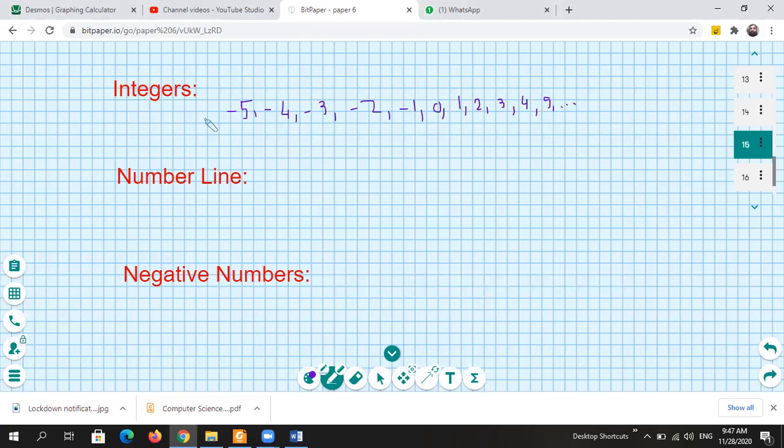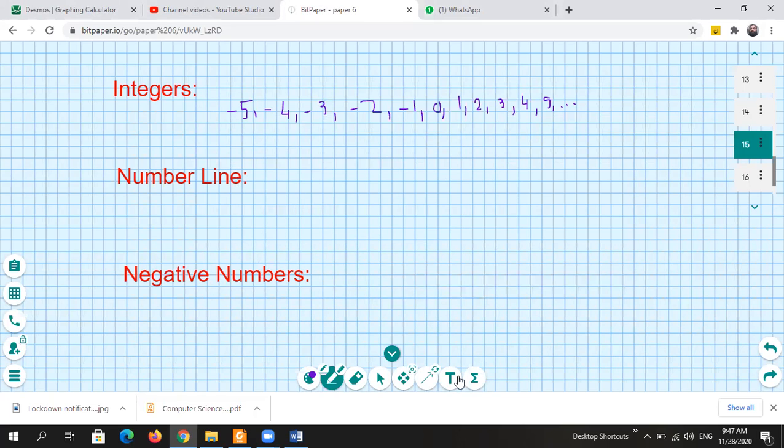Here as well, -5, then -6, -7, -8, -9, or -10. So these numbers are called integers because their denominator is 1, obviously.